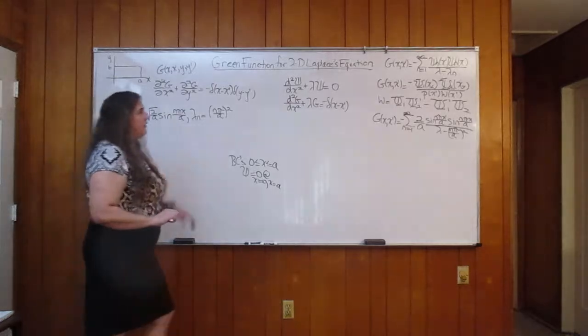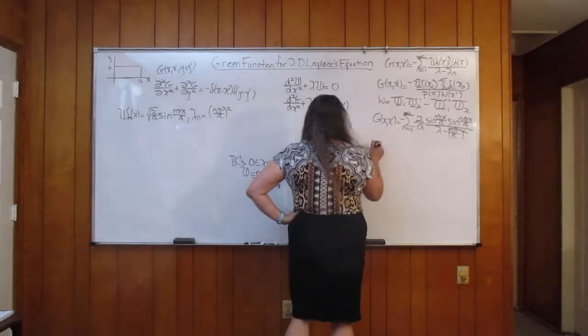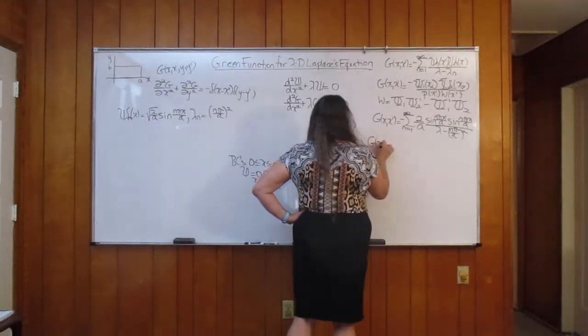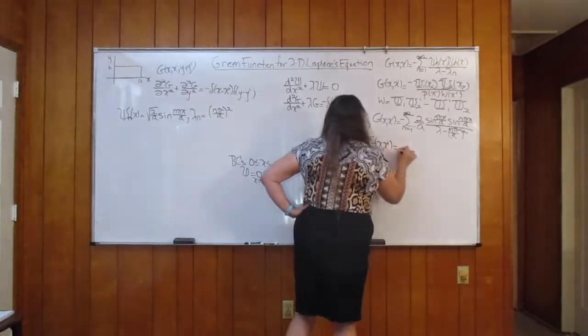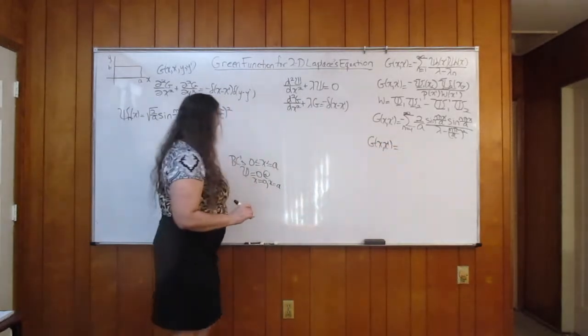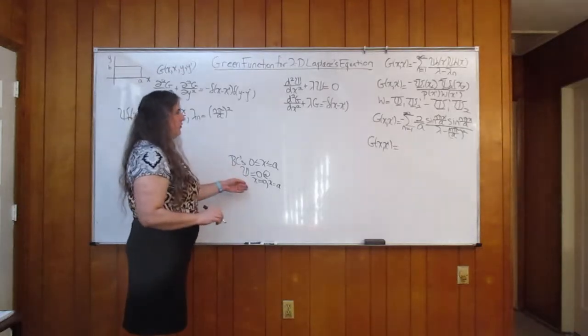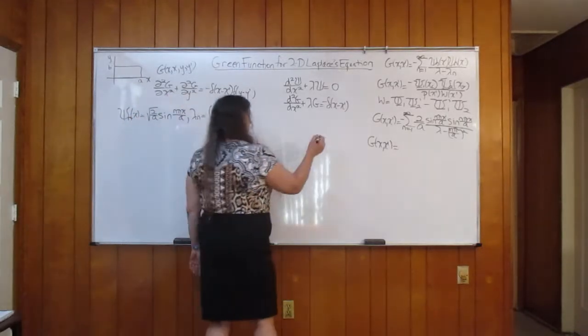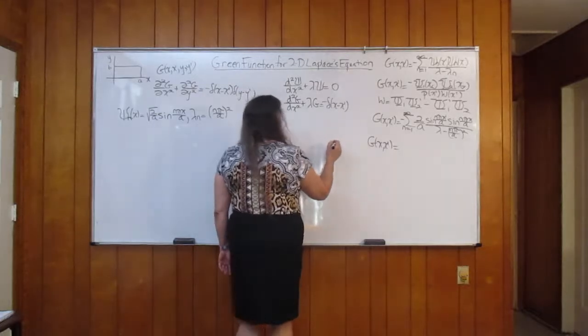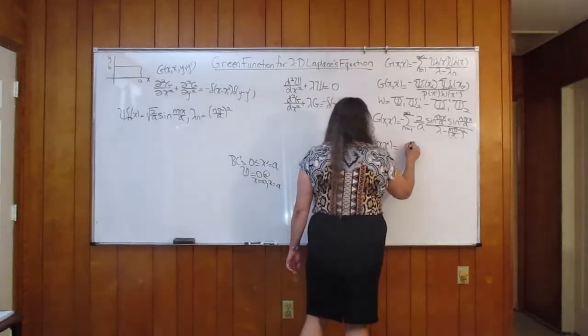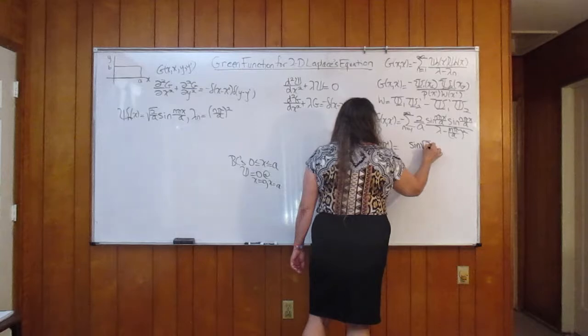Now the second representation of the Green's function, well, you need to find a function that vanishes at x equals 0. And as it turns out, that's just going to be equal to sine square root of lambda x.